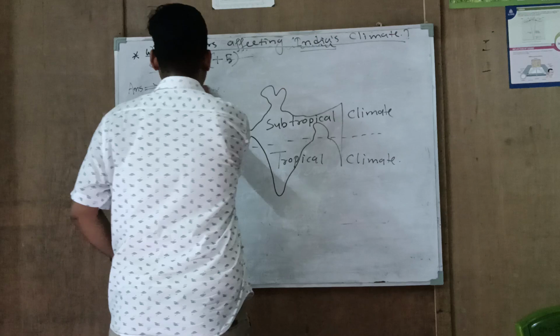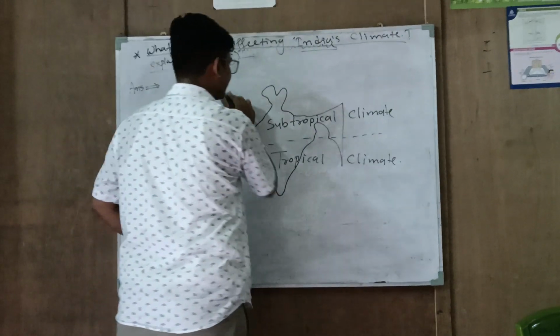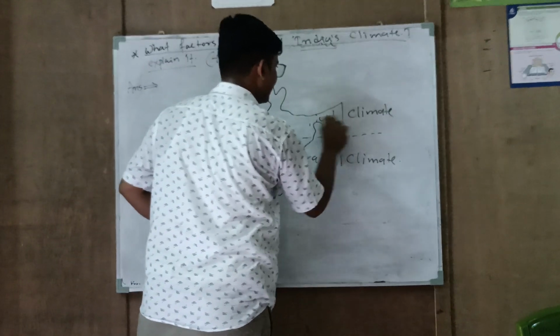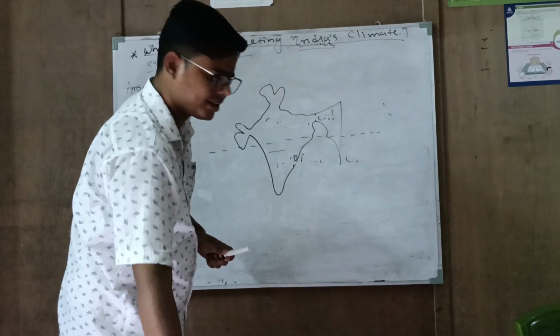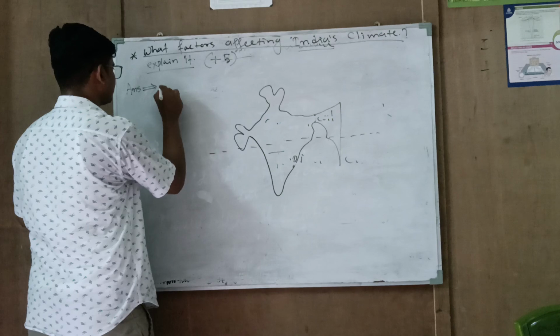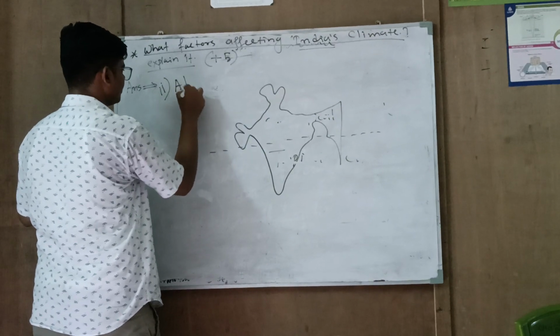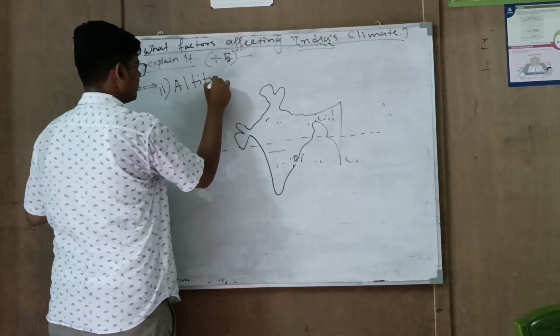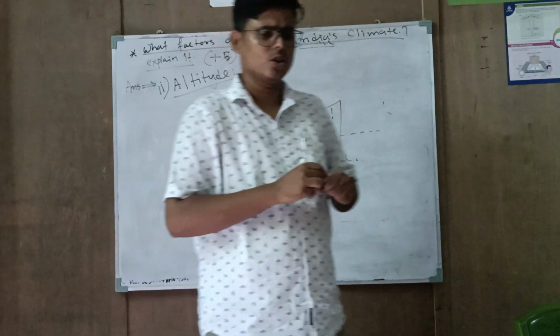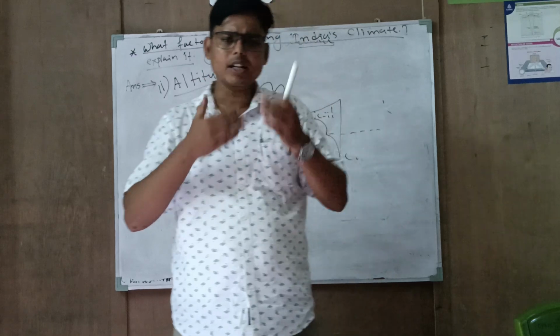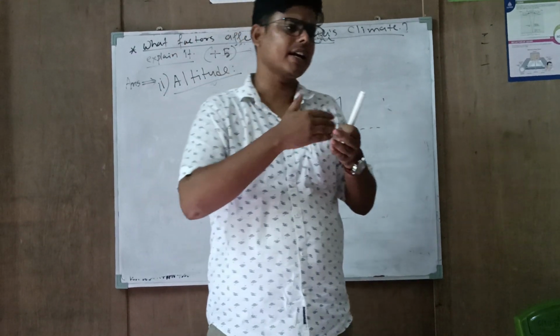Now, the second controlling factor of the Indian climate is altitude. Altitude means height. So how does altitude control our climate?